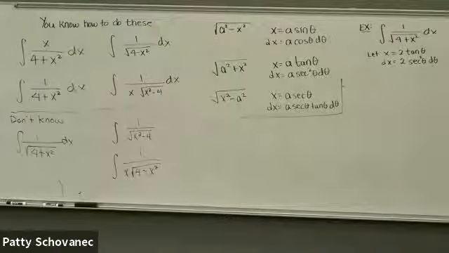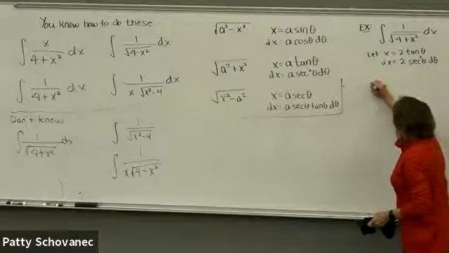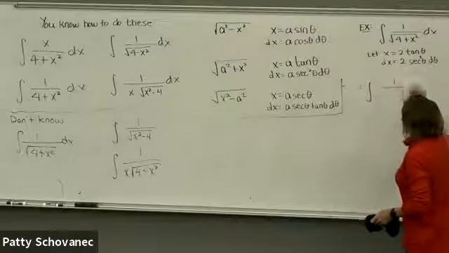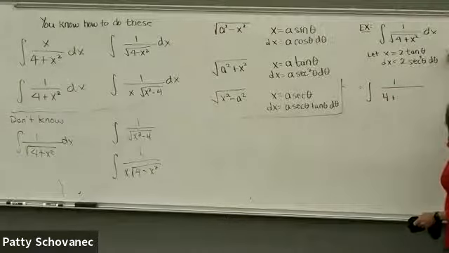Then we get a trig integral that hopefully we know how to do. So let's put that in there. We have 1 over 4 plus, square the 2 tangent, right? x squared is going to be 4 tangent squared.